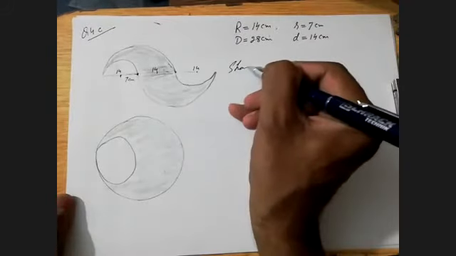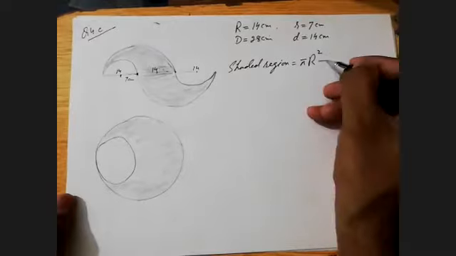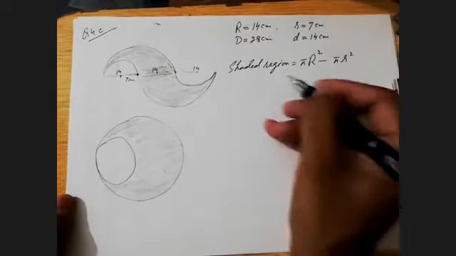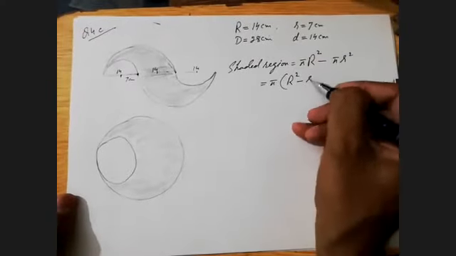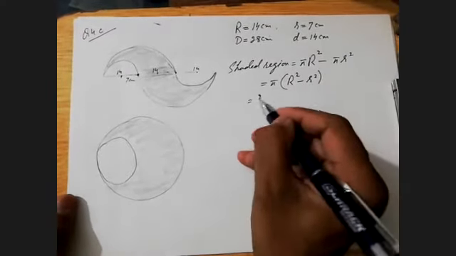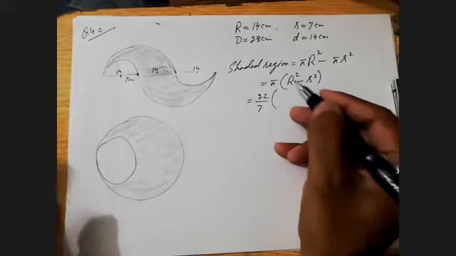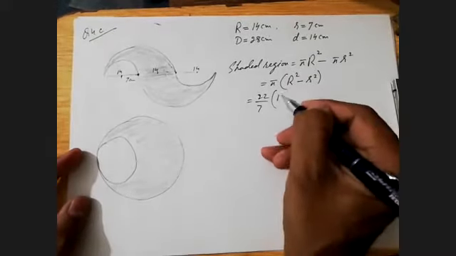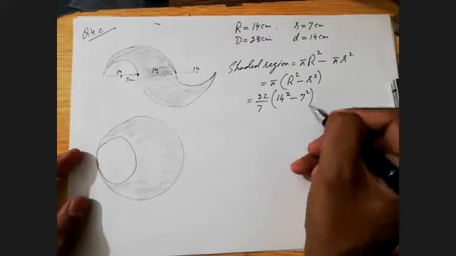So area of shaded region is equal to pi R square minus pi r square. Taking pi as common, R square minus r square, 22 over 7, and the capital R is 14 and the small r is 7.